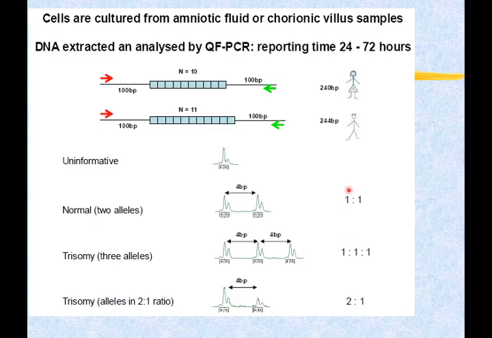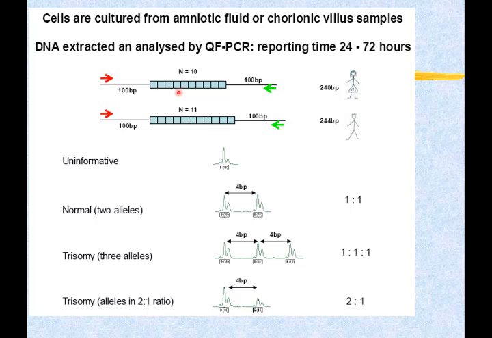Cells are cultured from amniotic fluid or CVS, DNA extracted and analyzed by QF-PCR, reporting time 24 to 72 hours. Remember, the PCR primers are designed across the CA repeats, cytosine adenine repeats, and the STR, short tandem repeats.